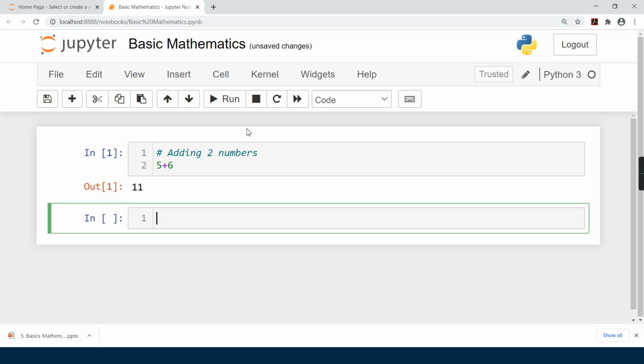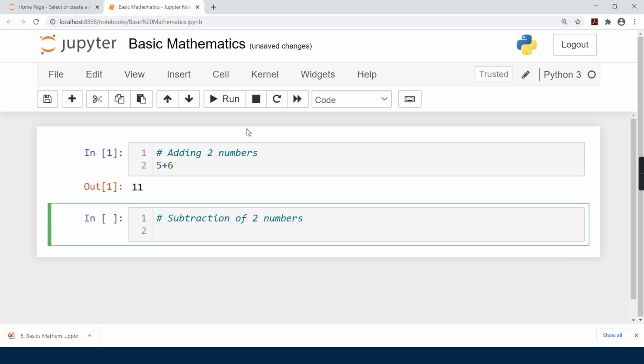Similarly, next, let's look at subtraction. Here let's subtract 9 from, let's say, 15.